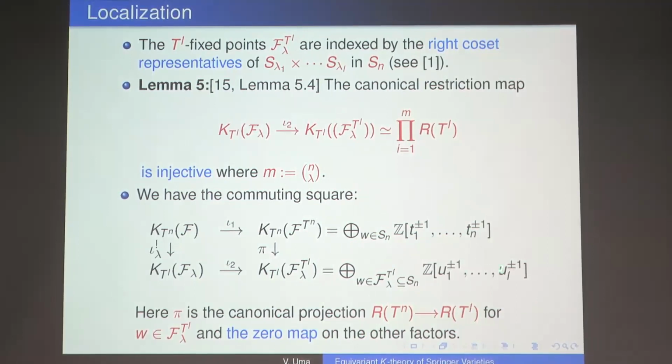So this map will be the projection whenever W is a coset representative, because the fixed points in this are a subset of the fixed points in the full flag variety. Whenever they are in the subset, it will be the projection. Otherwise, it's the zero map. So on the right side.